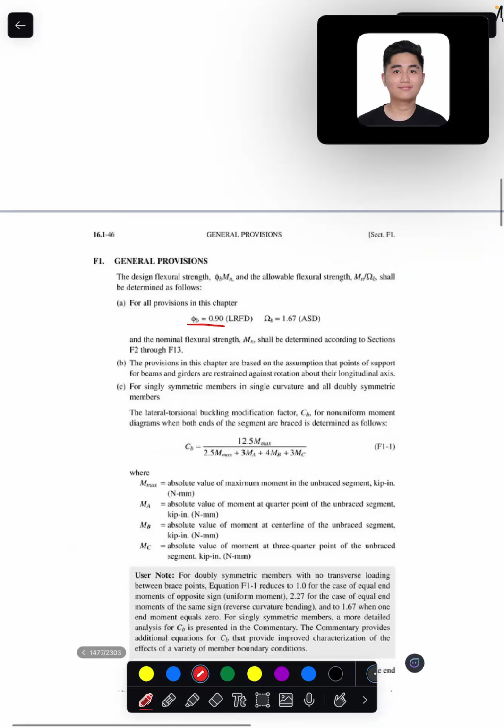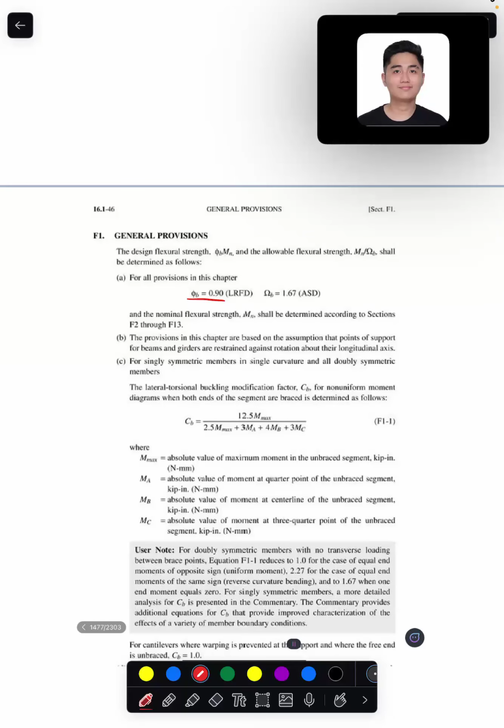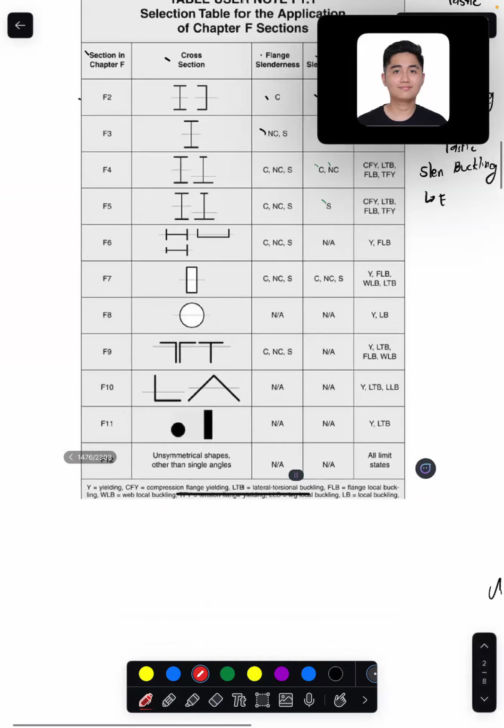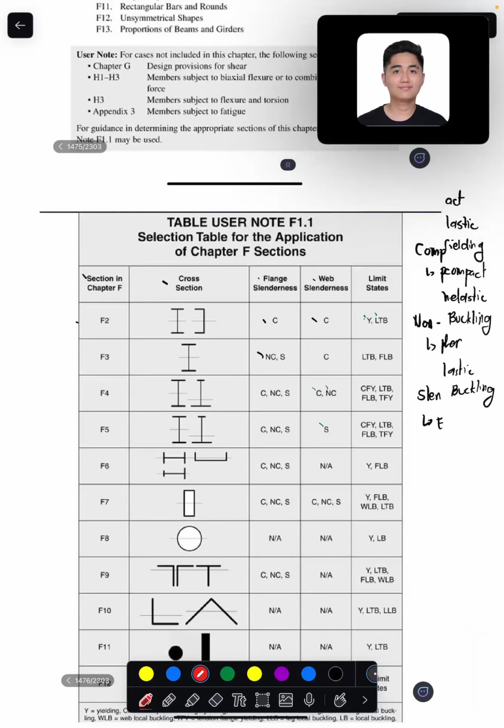Then we will return later to the lateral torsional modification factor. What is usually discussed first are these limit states right here, this F, L, B, the flange local buckling, because we need to check first the flange slenderness and the web slenderness.